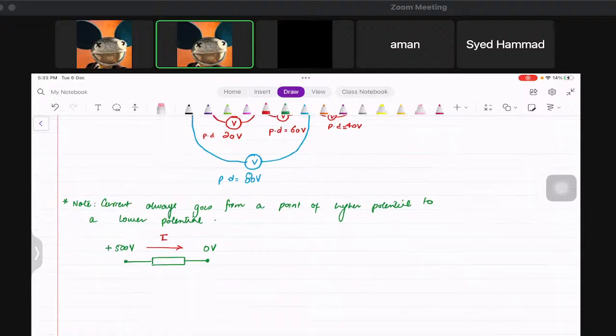But suppose this point is 500 volts and this point is also 500 volts, then current in this would be 0. Why? Because technically, if there is no potential difference, where would current go? It will always go from higher to lower, but not in this one. All right?